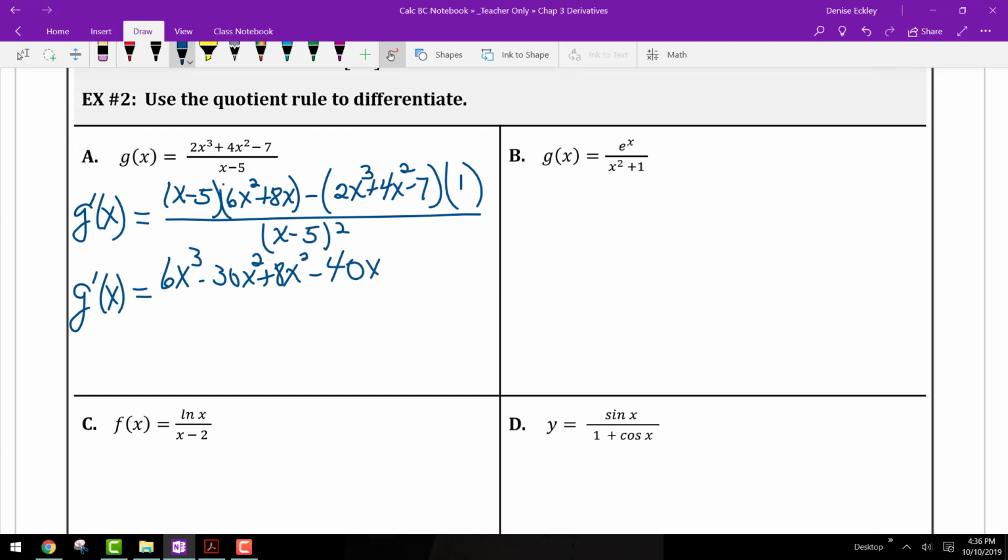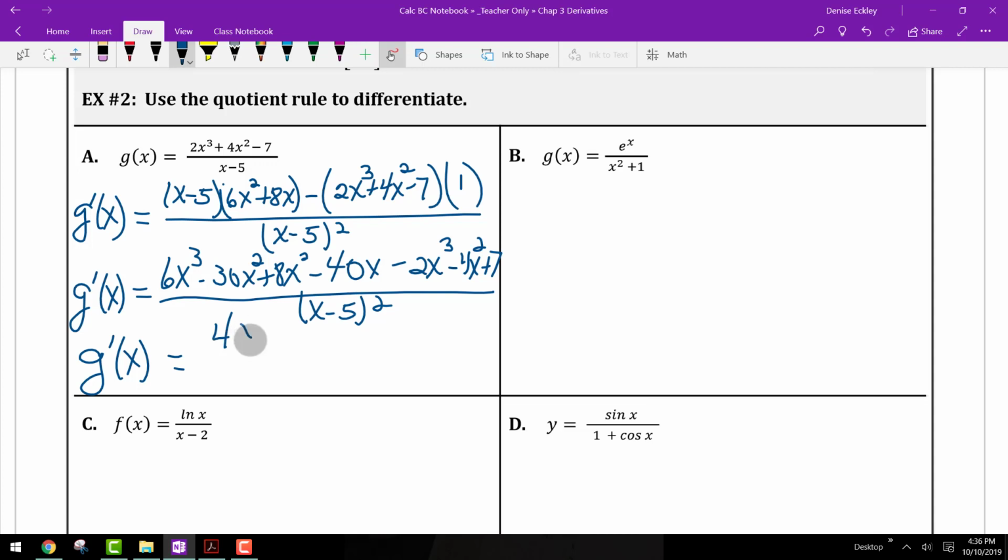And then for our second part, all we're going to do is just change the signs of everything. So we have 2x to the third minus 4x squared plus 7. And this is all over x minus 5 squared. So simplifying this, putting like terms together, g prime of x is going to be 4x to the third minus 26x squared minus 40x plus 7 over x minus 5 squared.